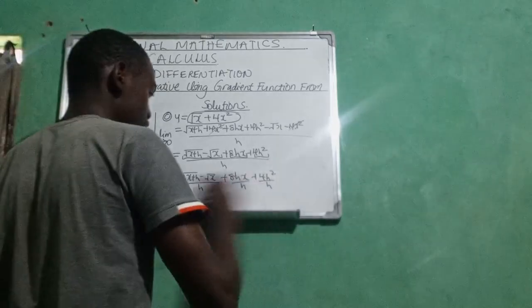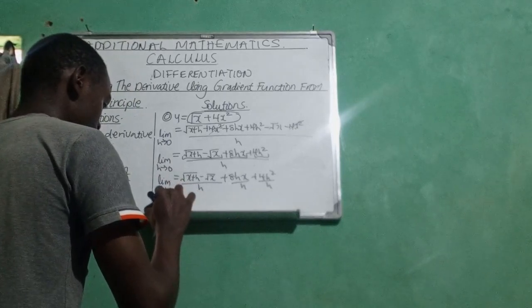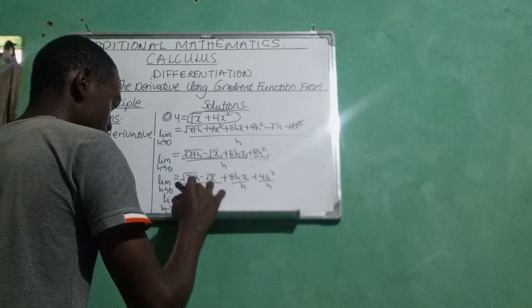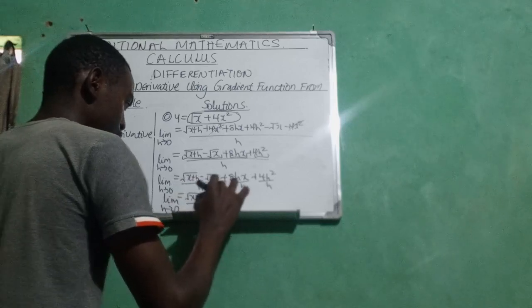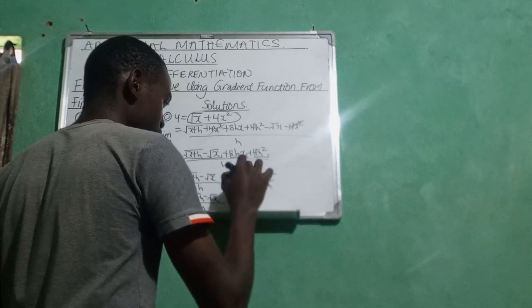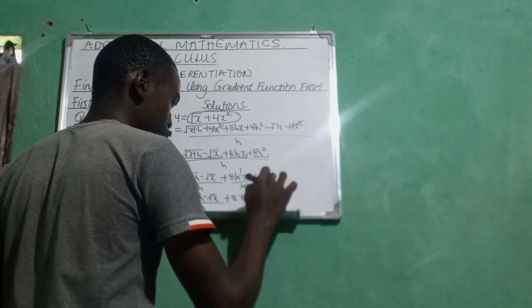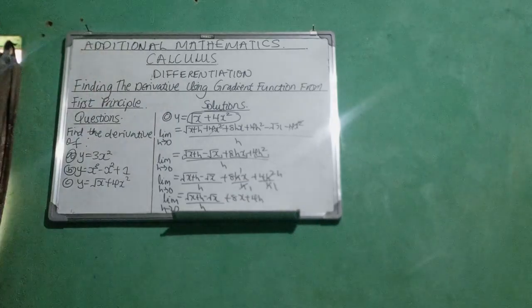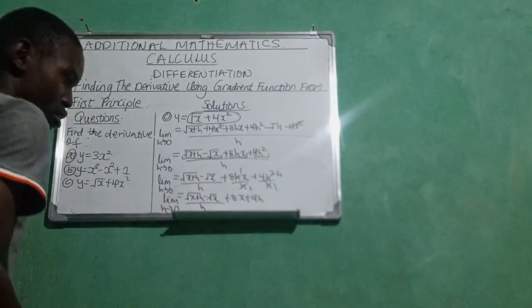We can simplify this. We are taking the limit as h approaches 0 of square root of x plus h minus square root of x divided by h, plus 8x plus 4h. So this is what we have.